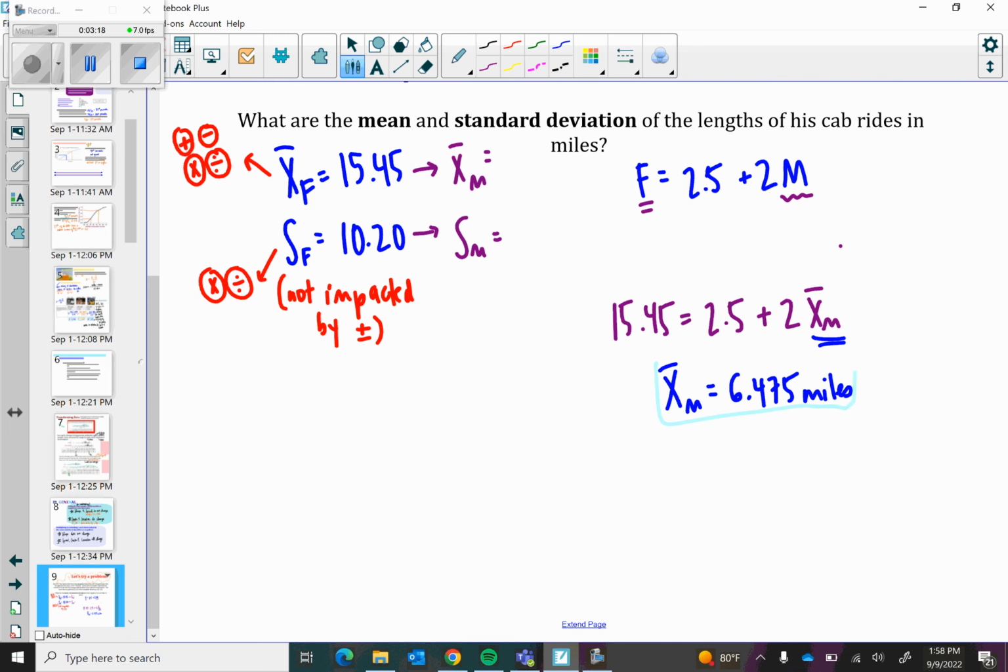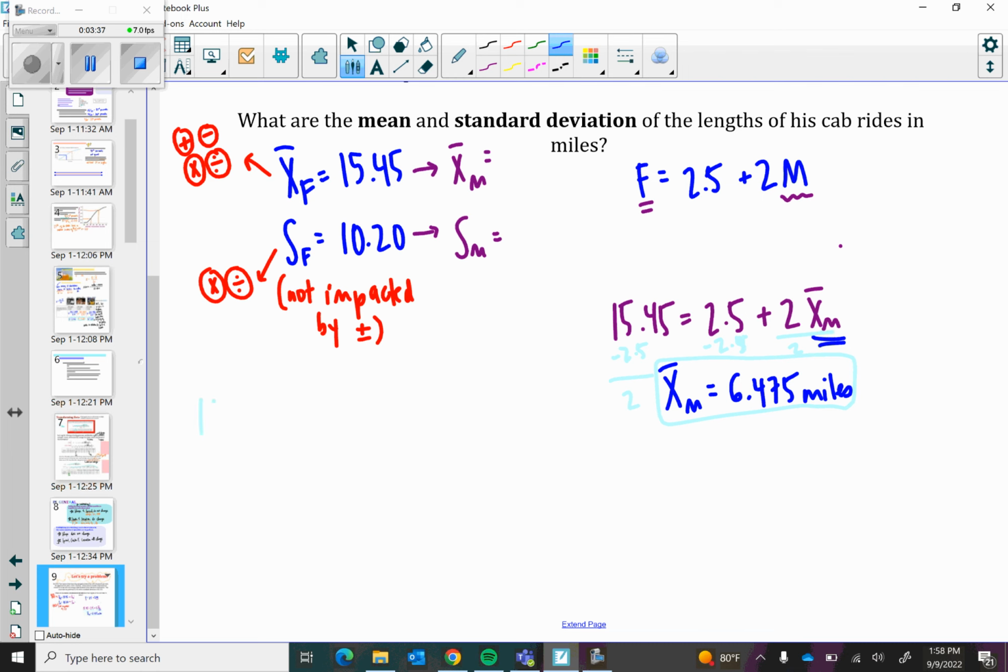I realize I went through that quickly, but I'm just going to say again, we subtract 2.5 from each side and then divide each side by 2. With the standard deviation, however, standard deviation is not impacted by the addition and subtraction.